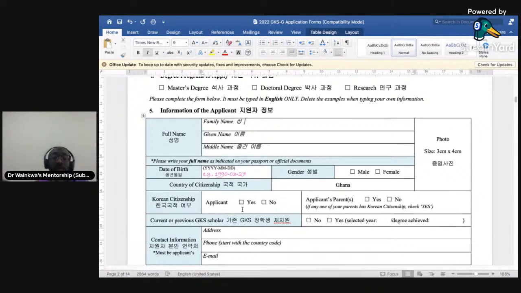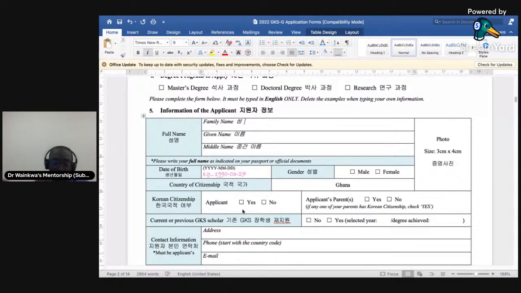So, current or previous scholar. For the current or previous scholar, if you're a previous Global Korean Scholarship person or alumni, and you have up to TOPIK level 5, then it's possible you're eligible and you can apply for this scholarship. But if you are less than TOPIK level 5, then I would encourage you not to even apply for it.